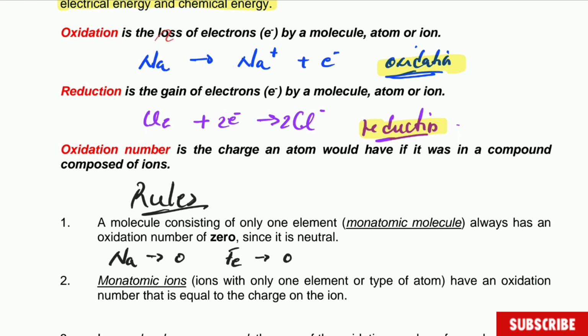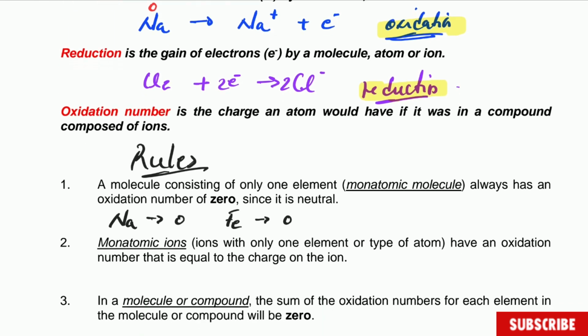So if we look at the oxidation number of this sodium here, it is 0 because it is a molecule consisting of one element. It's not a molecule, but well, it's one element only. So those are the examples here. So in any chemical reaction, guys, if you have a molecule consisting of one element, the oxidation number will always be 0. That is quite important.